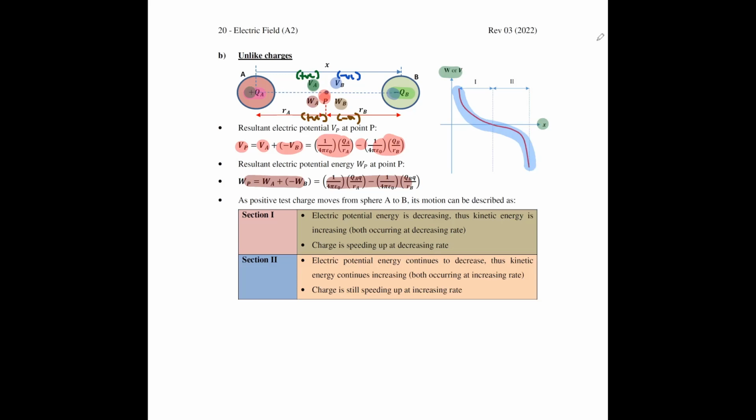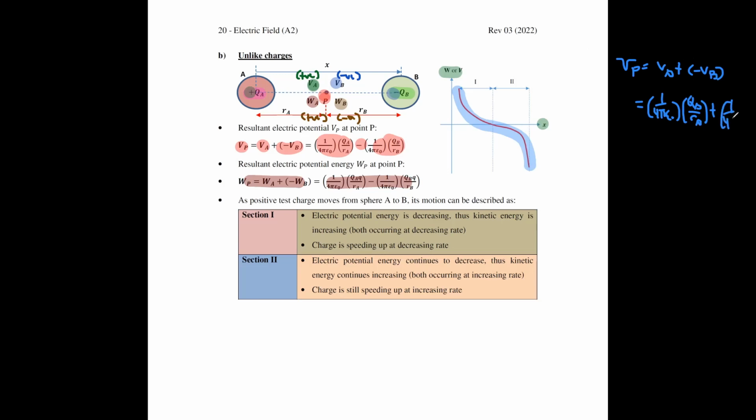The reason the graph looks like this is similar to what we did before. This one I probably have to write very quickly. If you say that Vp is Va plus negative Vb, this will become 1 over 4 pi epsilon naught Qa over Ra.